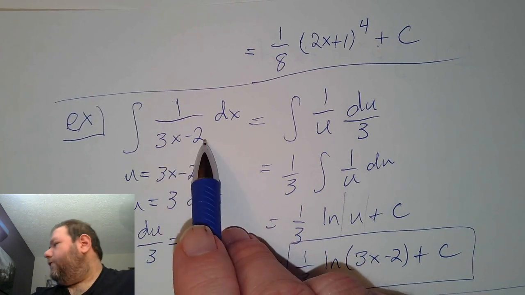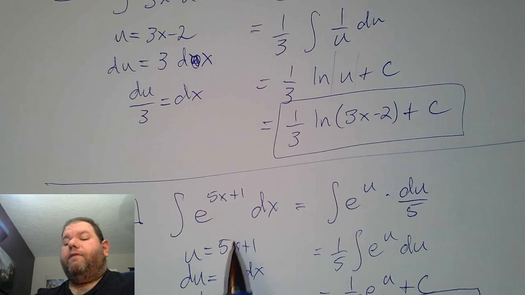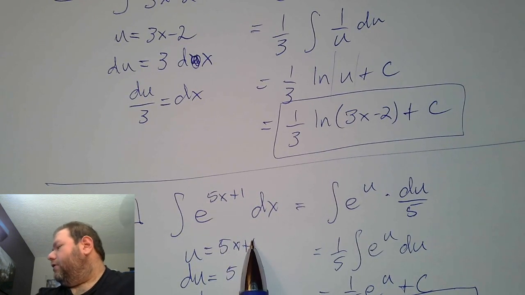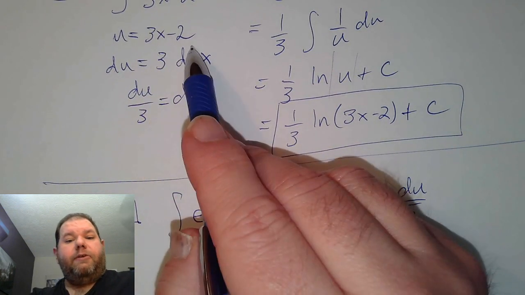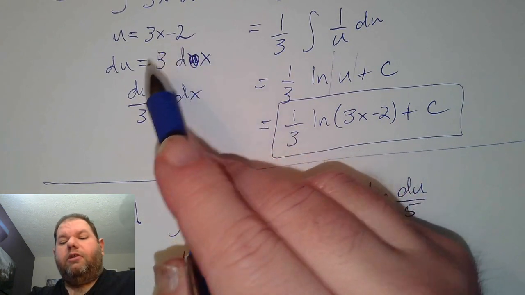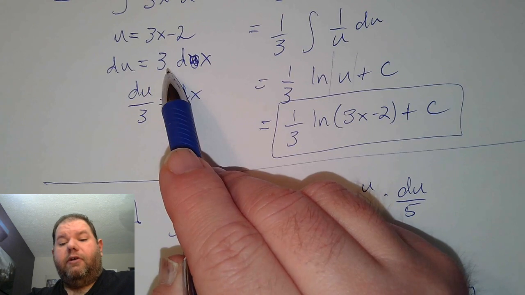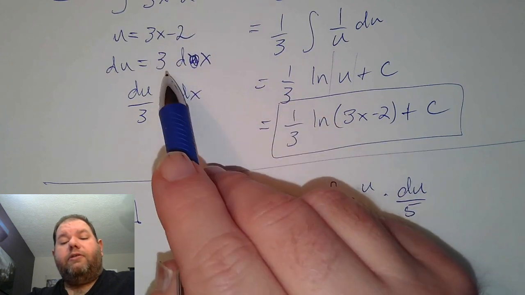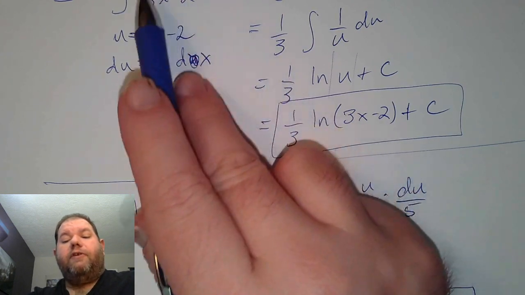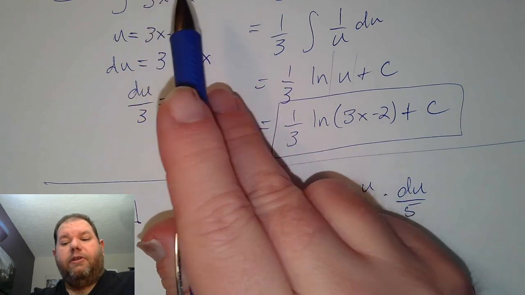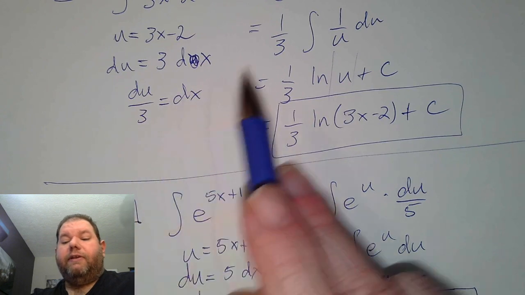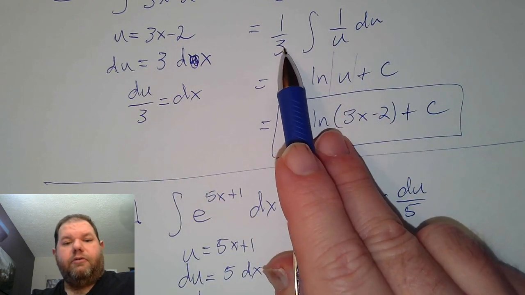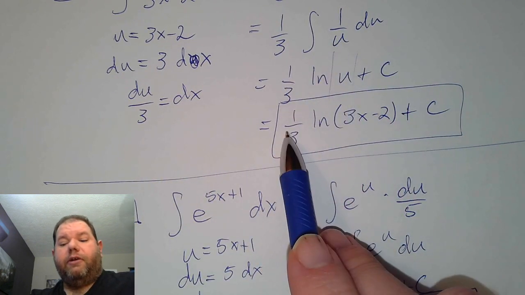Like we did 3x plus 2 here, and we did 5x plus 1 here. When we're substituting for just an ax plus b, a linear expression, the derivative is always a constant. So even though we don't see that derivative of 3x plus 2 present in this integral to begin with, because it's just a constant, we can easily factor it outside the integral and deal with it that way.